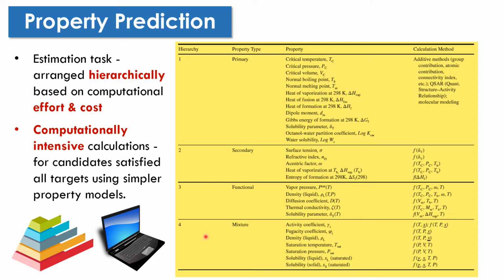For example, let's say our target properties are the normal boiling point and the normal melting point, and we have 1,000 candidates.